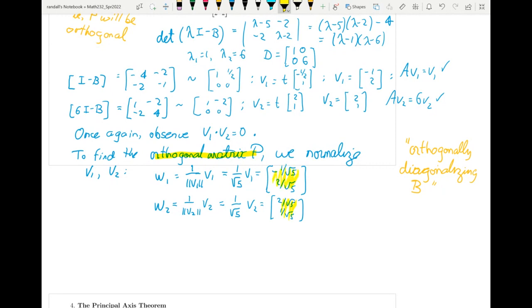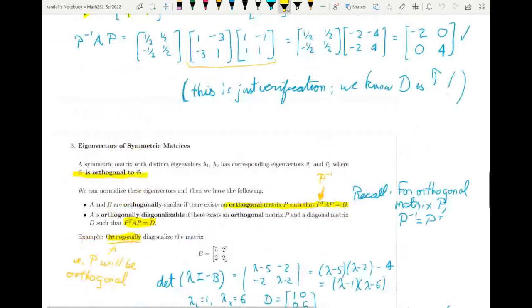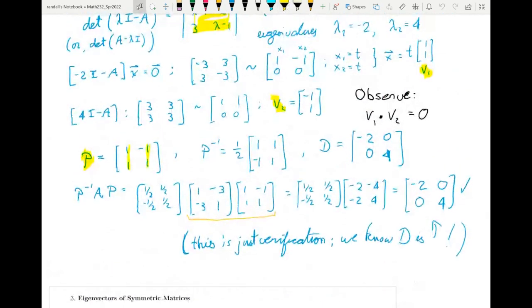In the previous case, I should mention, in P up here, you can take any multiple of these eigenvectors. So there are many P matrices. Their corresponding columns will be multiples of each other. You can choose V1, V2, or any multiple of those two, form the matrix P, and form this product P inverse A P, and that will always equal the same D, minus 2, 4.